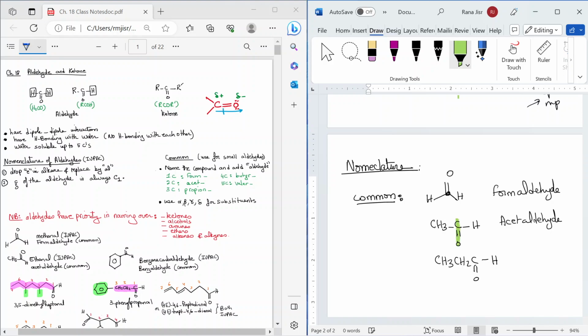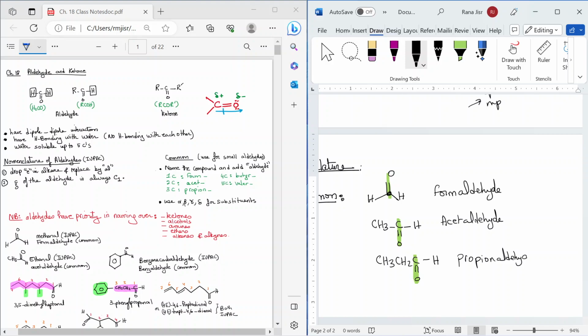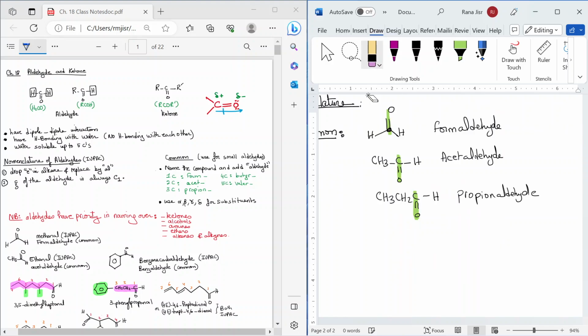When you name, you always include the carbonyl of the aldehyde with the number of carbons. So that is called propionaldehyde. Butyraldehyde is a 4-carbon chain, including the carbonyl of the aldehyde. And then a 5-carbon chain, including the carbonyl of the aldehyde, is going to be valeraldehyde.